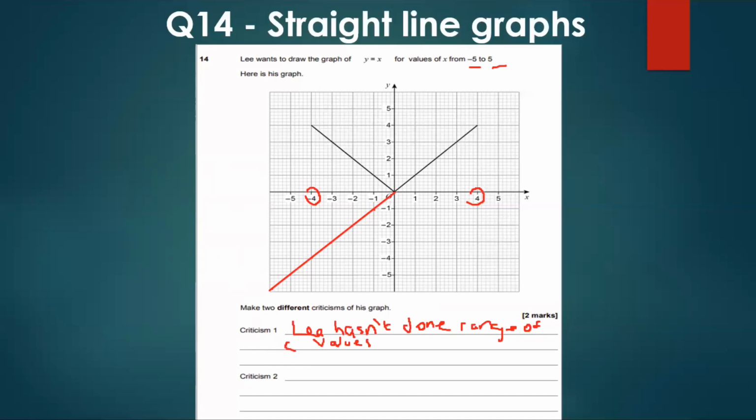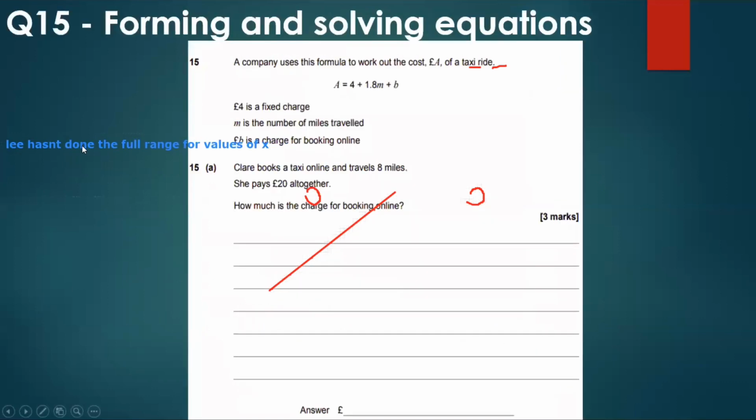When x is -2, y should be -2. So the values have been plotted incorrectly for when the values of x are less than 0.